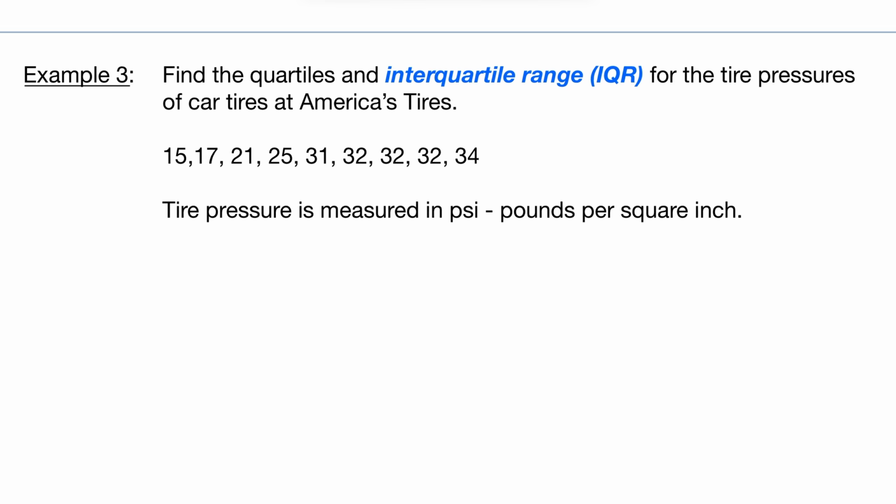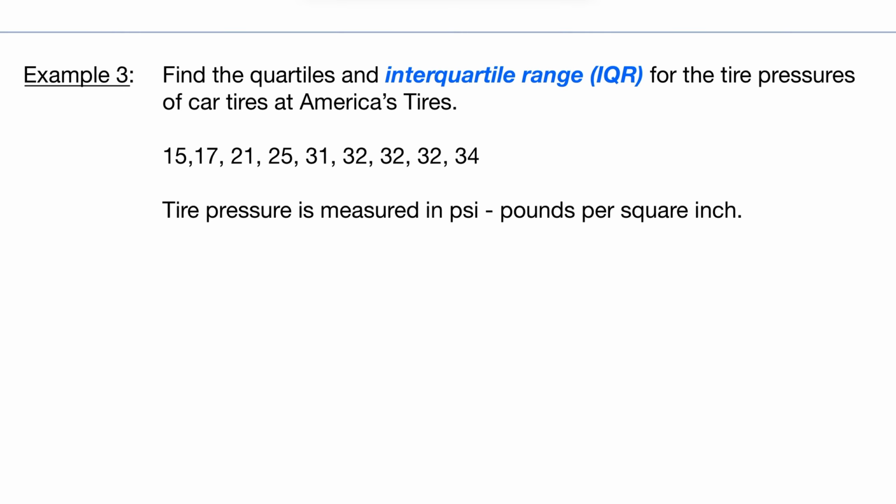So in this example, we're told to find the quartiles and the interquartile range, or IQR, for the tire pressures of car tires at America's Tires. We're given 9 different values. We've got a tire pressure of 15 psi, 17 psi, 21 psi, and it goes all the way up to 34 psi. As you will notice, the numbers are sorted in increasing order.